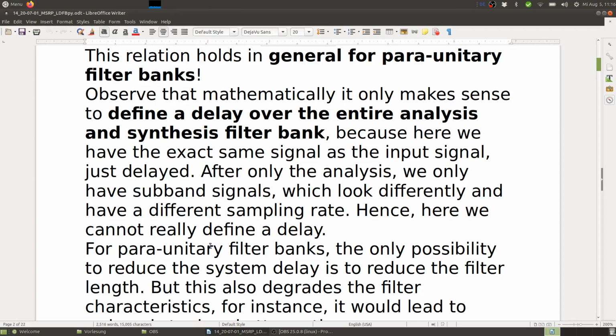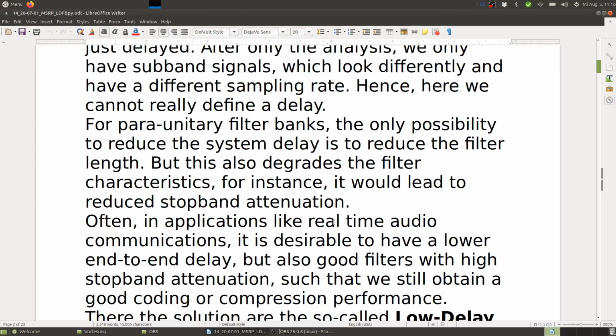For paraunitary filter banks, the only possibility to reduce the system delay is to reduce the filter length. So if you say the delay is too long, then all we can do is make the filter shorter. But this then degrades the filter characteristics. For instance, it would lead to reduced stop attenuation. So that's not good either.